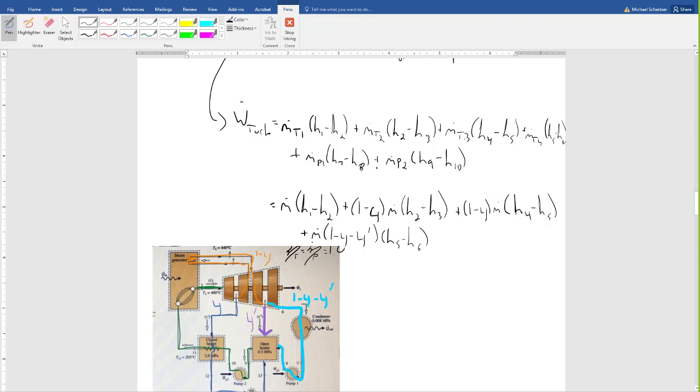Okay, and now my pumps, my first pump gets also 1 minus y prime, 1 minus y prime times h7 minus h8. And then my second pump gets the whole mass flow rate, and this is just going to be h9 minus h10.